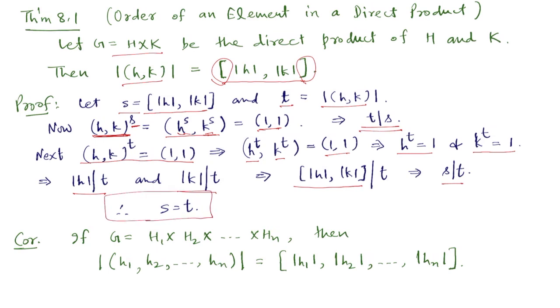S is the same as T. The theorem can be generalized to the direct product of any number of groups. So if G is the direct product of H1, H2, ..., Hn, then the order of the element (h1, h2, ..., hn) is equal to the LCM of the orders of all the hi's.